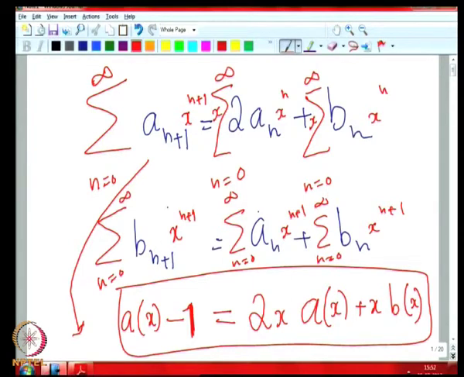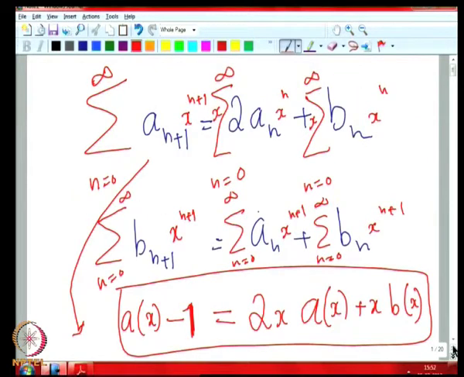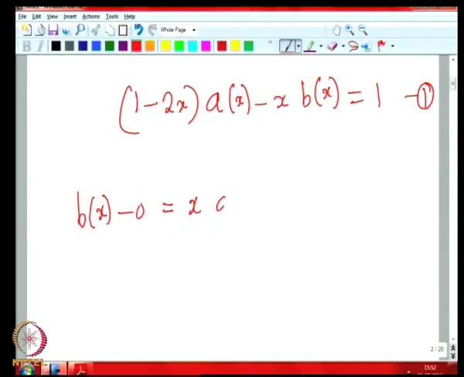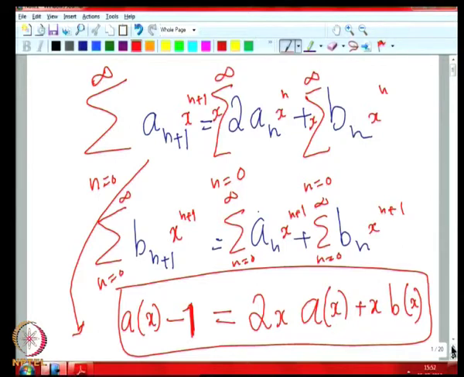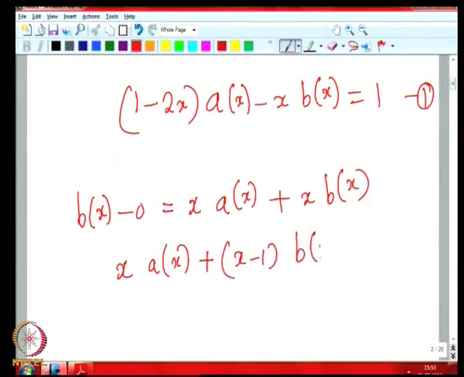Now this is B of x minus b0, and b0 was equal to 0, therefore this is just 0, and then here we can take x out, and that makes x times A of x plus x times B of x. Now, we can rearrange. So, we get x times A of x plus x minus 1 times B of x equal to 0. This is the second equation.